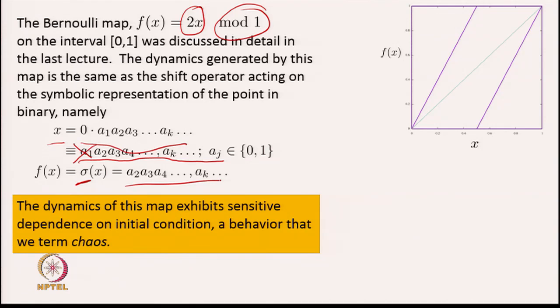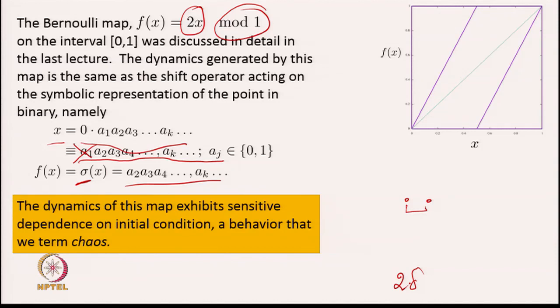We also saw that the dynamics of this map shows what is called sensitive dependence on initial conditions. We also call this behavior chaos, but basically if there are 2 points that start out at some distance delta apart, then after one step, one operation of the shift, the distance between these 2 points is 2 times delta.